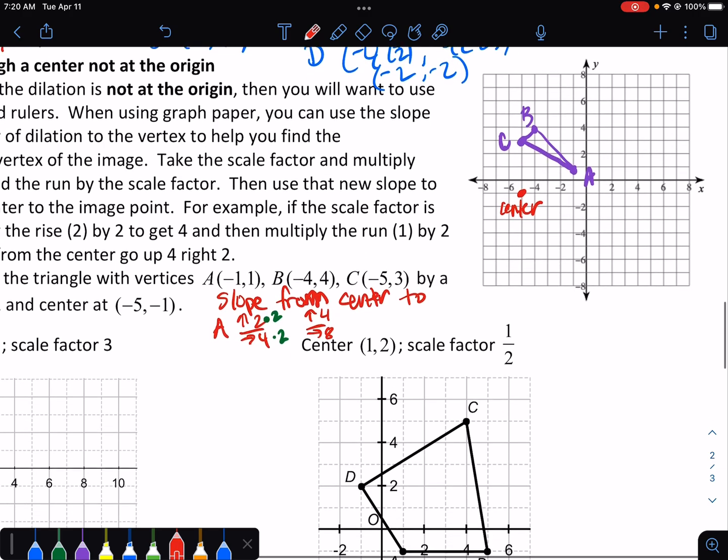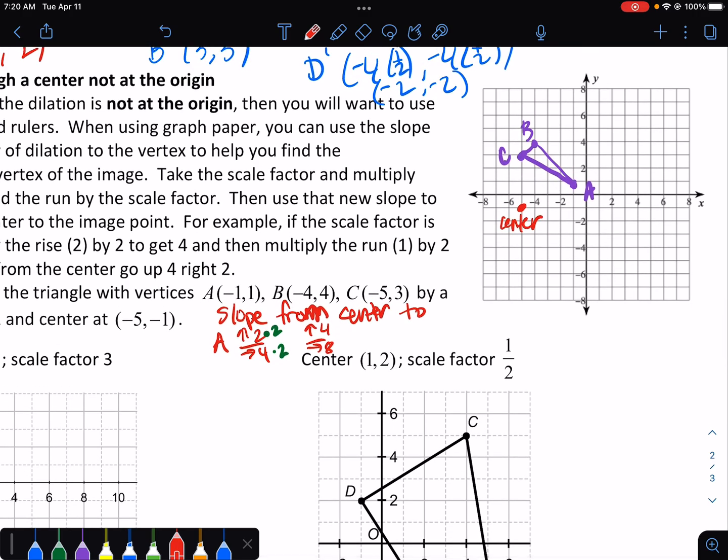Then I'm going to go from my center point, up 4, 1, 2, 3, 4, and over 1, 2, 3, 4, 5, 6, 7, 8. Was that the right point? 1, 2, 3, 4. Yes. So this is A prime.